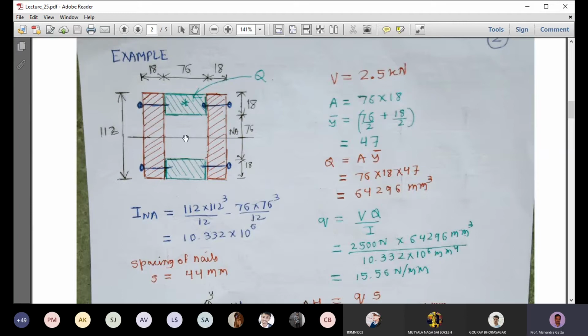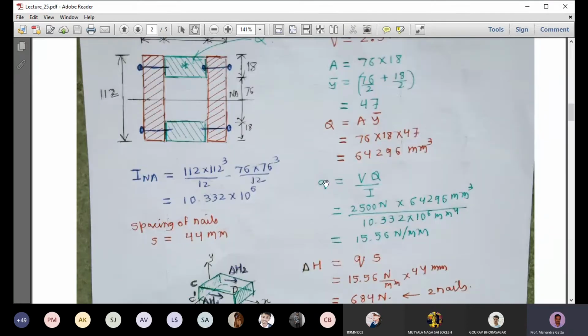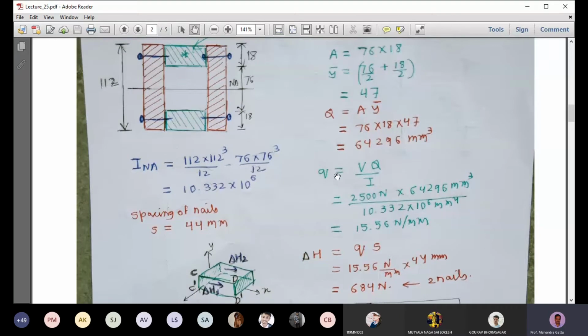This distance is 38 and this distance is 9, so 38 plus 9 is 47. From that we can get the Q value, A y bar, which is around 64,296 millimeter cubed.